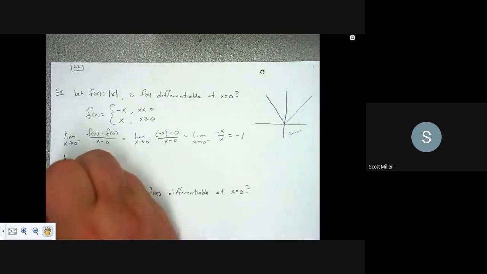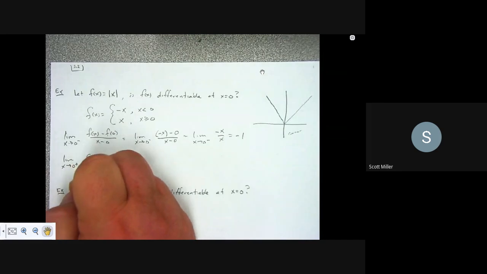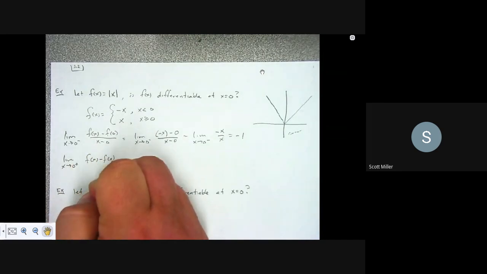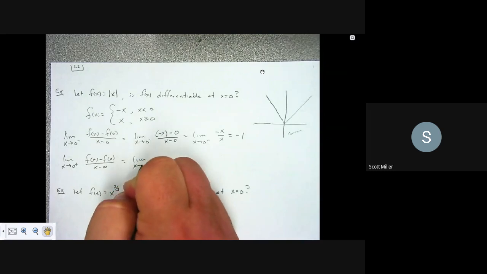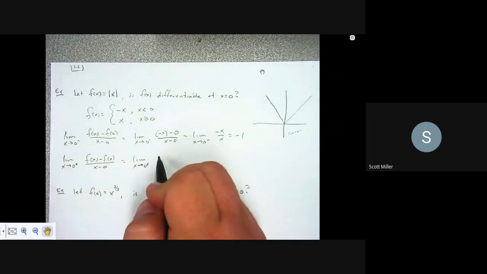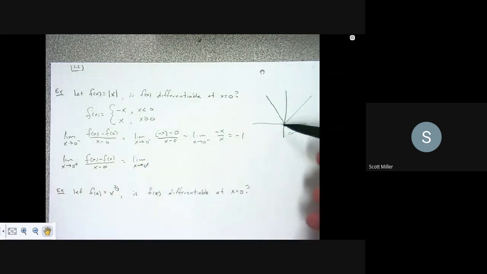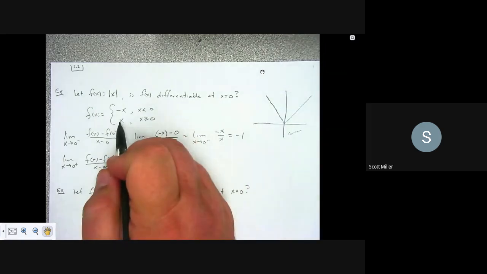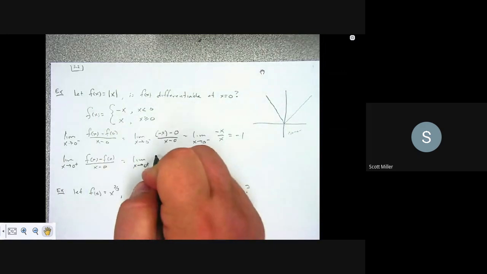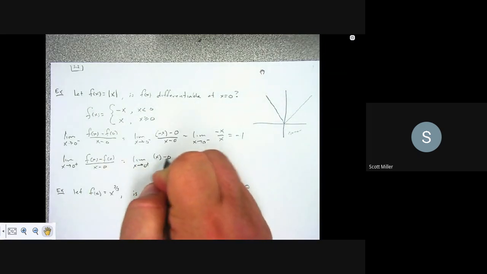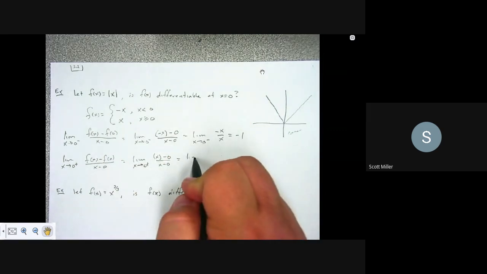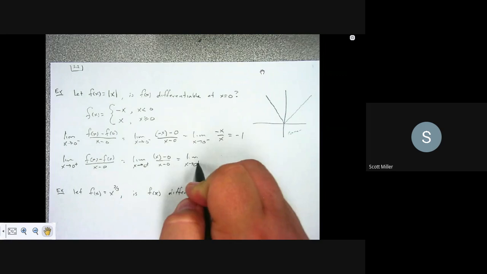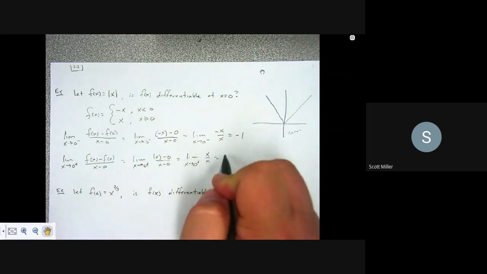So what is the limit as x approaches 0 from the right? Same thing. And you can see what's going to happen, I hope. From the right side, the absolute value is going to just be the x value. This will be x minus 0 over x minus 0, which is the limit as x approaches 0 from the right of x over x, which is positive 1.